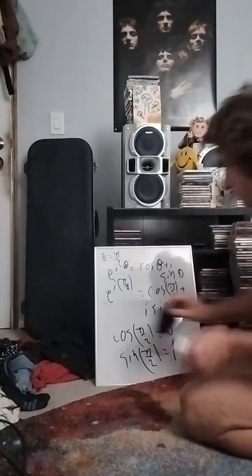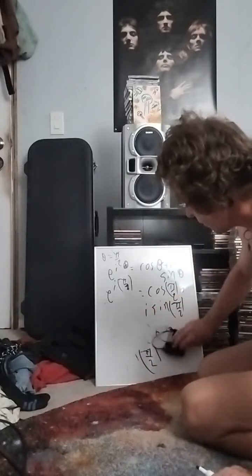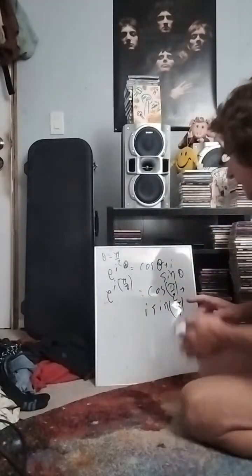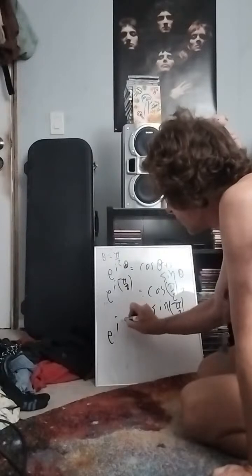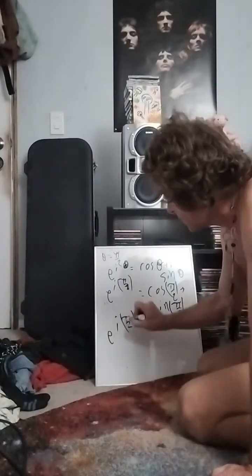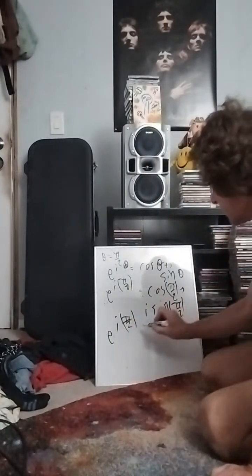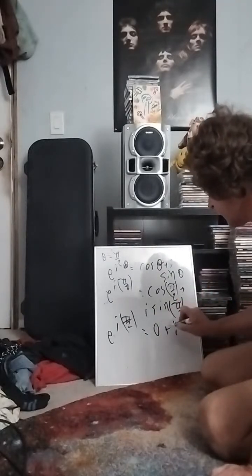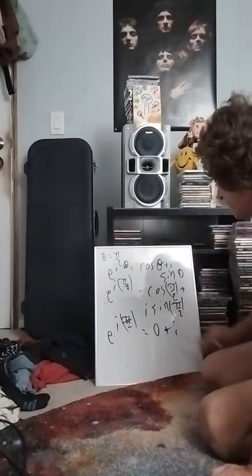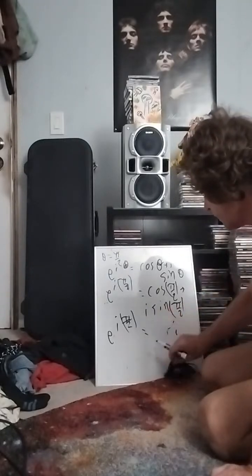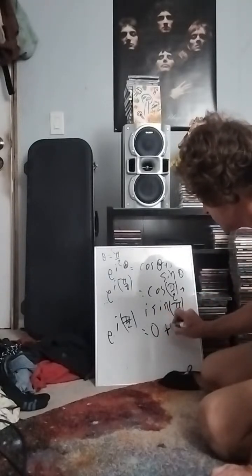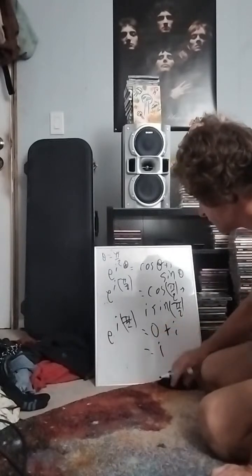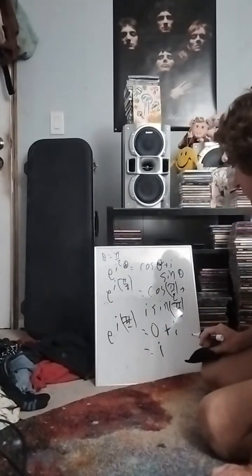So basically that means that e to the i pi over 2 equals 0 plus i times 1, which equals i. So there we have an important thing.